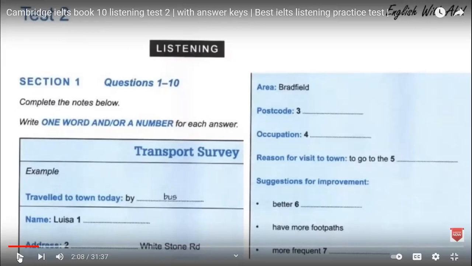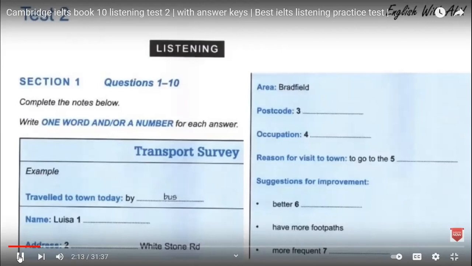If you use the transport without any determiner before it, only bus, train, then you can use by bus, by train, by plane. But if you use a determiner like a and the, then you can use on or in: on the bus, on the train, on the plane, this way. So let's go forward. So bus has been written in the space.